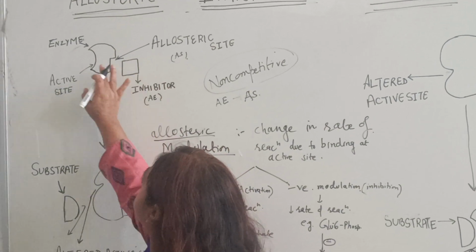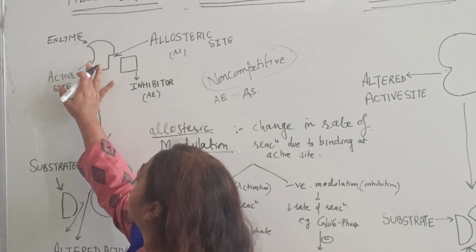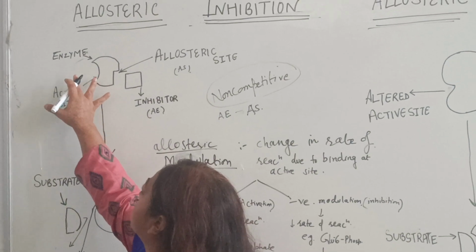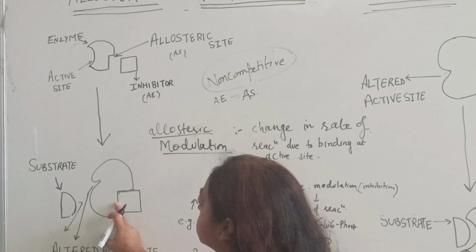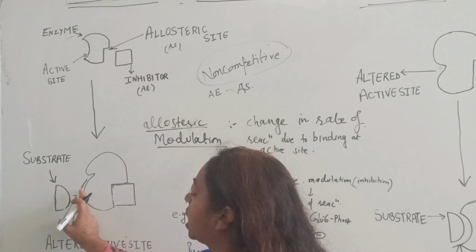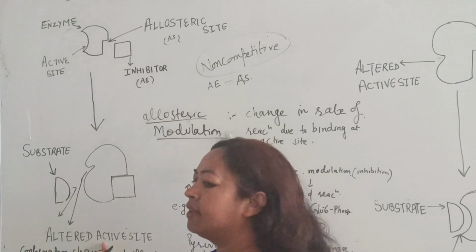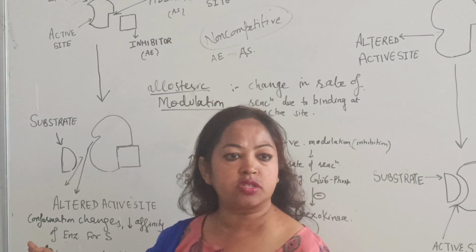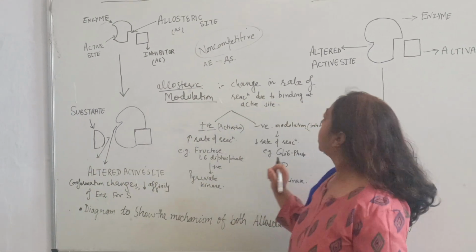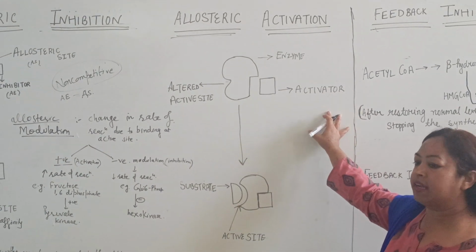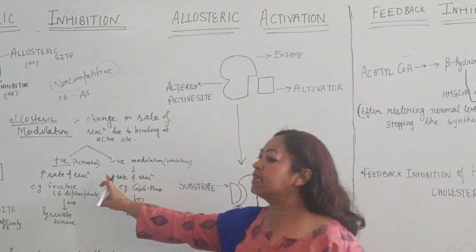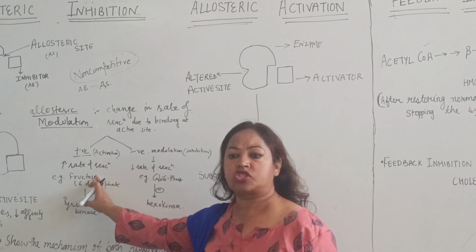The inhibitor has this shape and this is the binding site of the substrate, but the inhibitor binds here and forms this complex, so that the substrate cannot bind here and there is no product formation. Okay? Then second is when the modulator acts as an activator, where there is an increase in the rate of reaction.